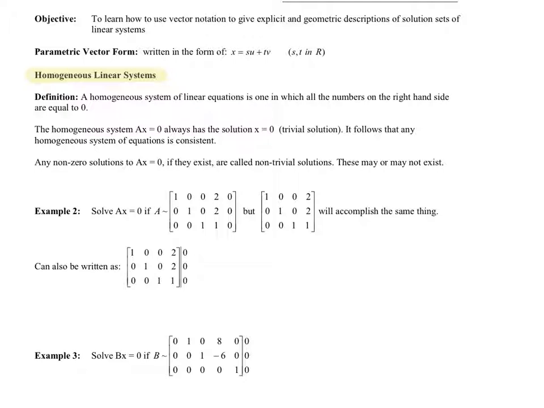But what that means is that the equation was solved so that 0 is on the right-hand side. Just like what I was talking about on the previous page, you might have 2x plus 3y equals 4, but I could easily move that 4 over to the other side and make it equal to 0. All right, that's all that's happening.